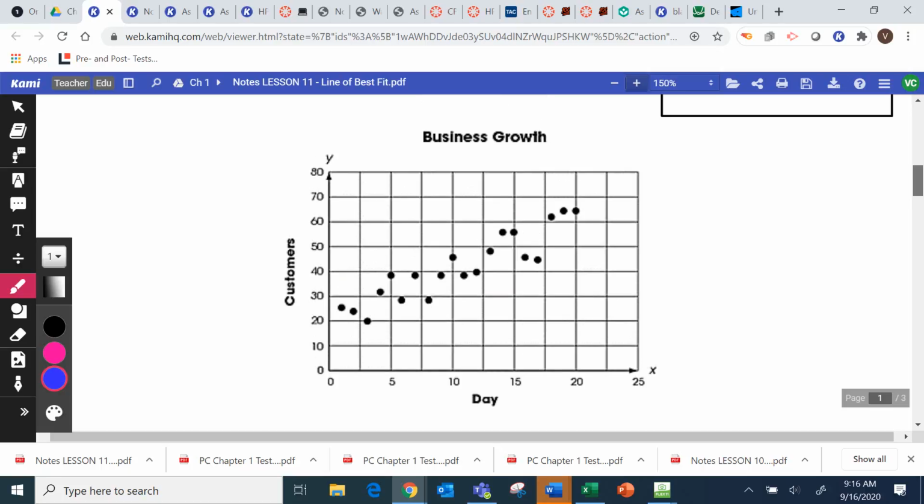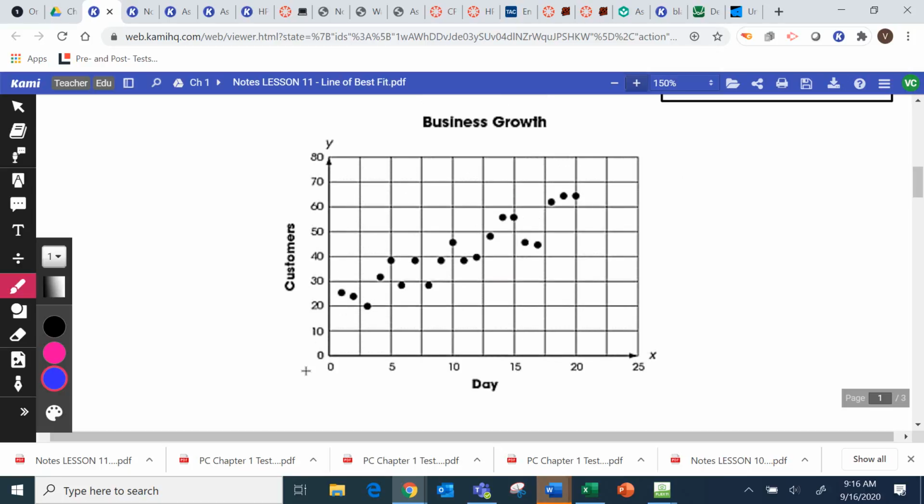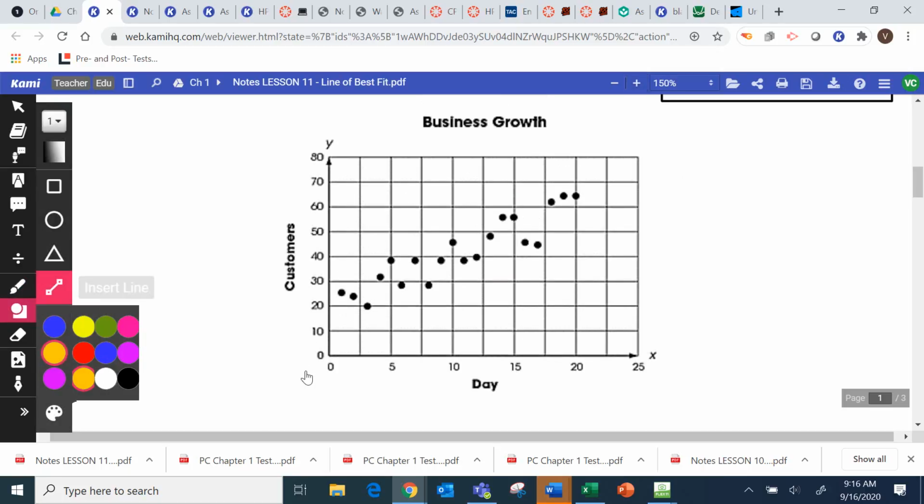So looking at this business growth, we could take a line, and we want to try to just approximate, and I don't know that I'm doing the best job, where the line could possibly be, with about the same amount of dots above it and below it.